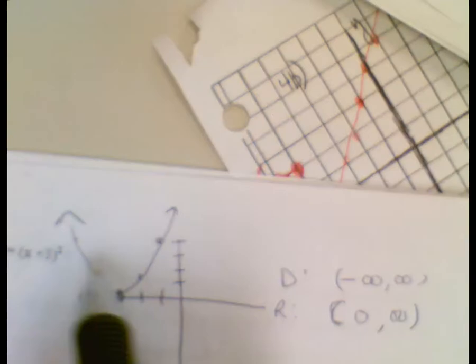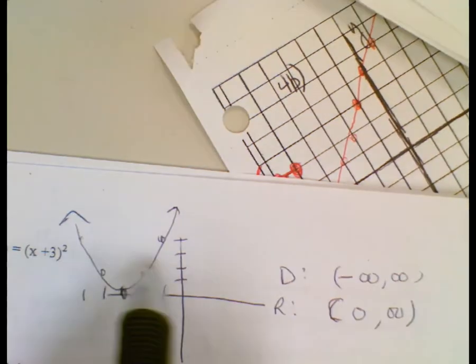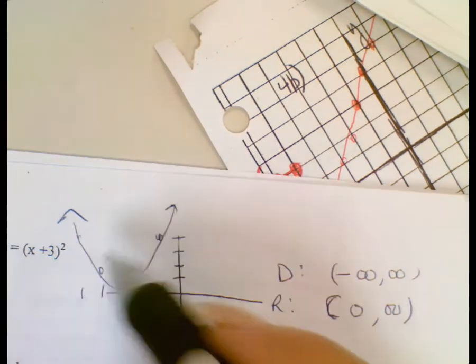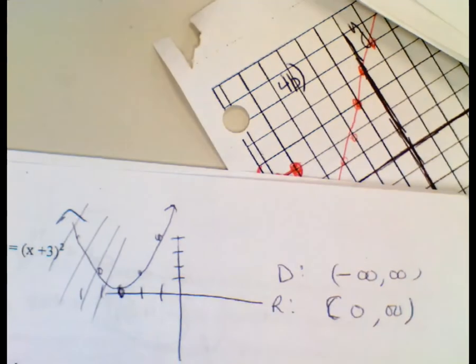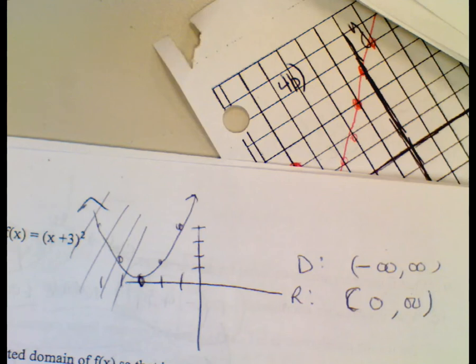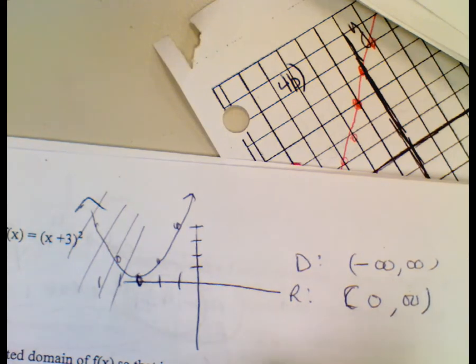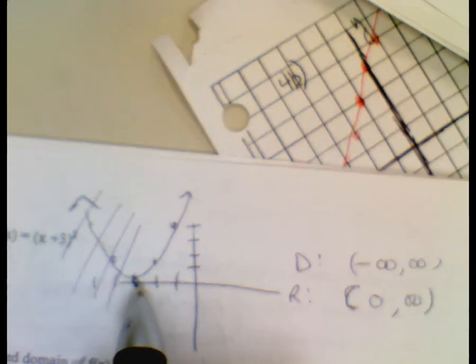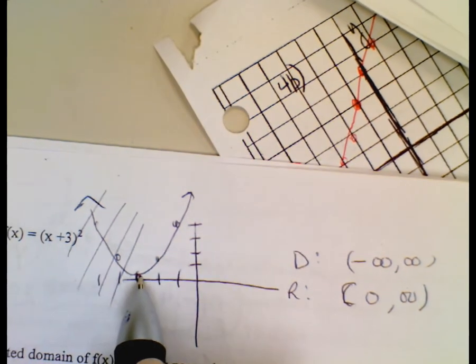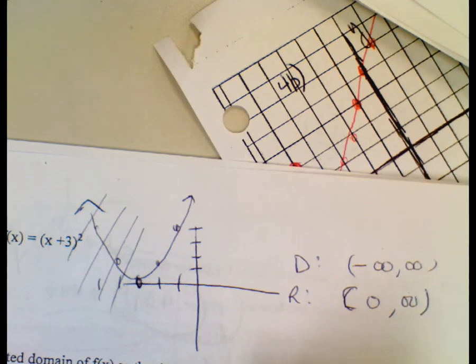Right now it fails the HLT because there's repetition this way, so we're going to remove this section of it. So the restricted domain so that it passes the HLT is going to be from -3 and greater. So you want to go from -3 to infinity. That's your restricted domain.